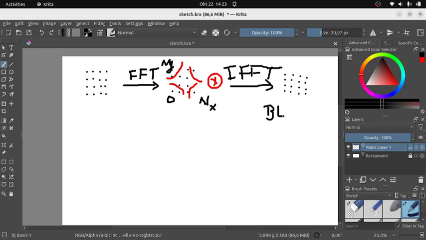This is what the heat equation does to an image.